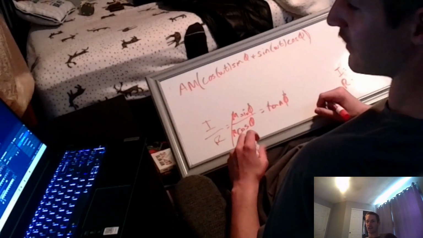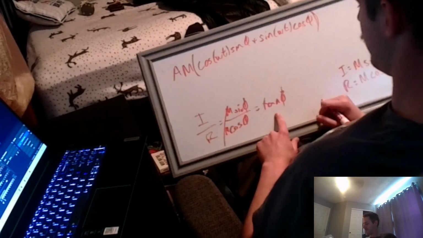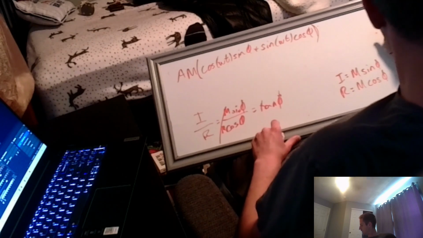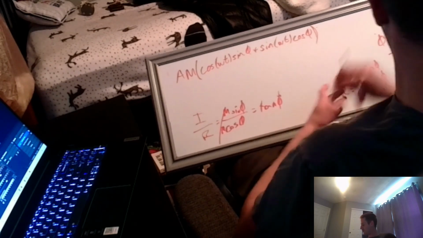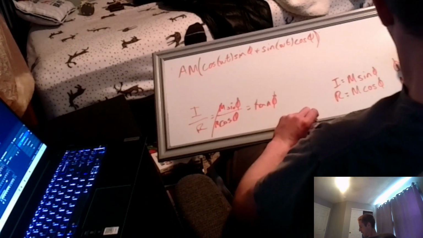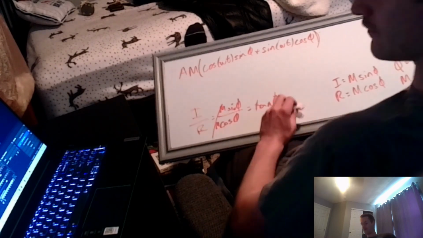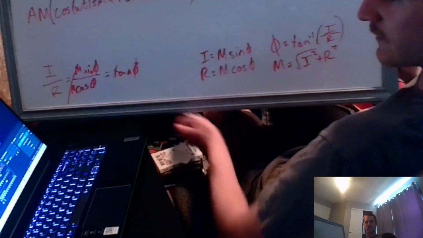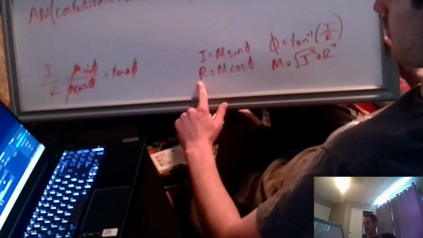I think I said theta, but it's phi. So then rearranging this, we get phi equals arctan of I over r. Right. So there's our I and r, and our m and phi.